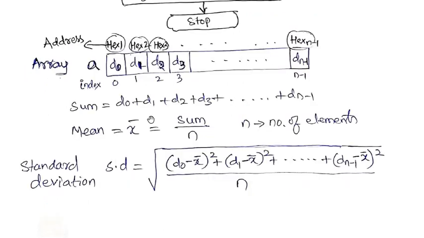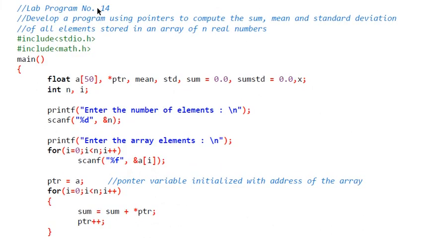I showed you here, we have to find the sum of the difference with the mean. So d0 minus x bar square, d1 minus x bar square, d2 minus x bar square, and so on up to dn minus x bar square. All those squares have to be summed up, right? For that I am using one variable sum std, and I will give an initial value of 0.